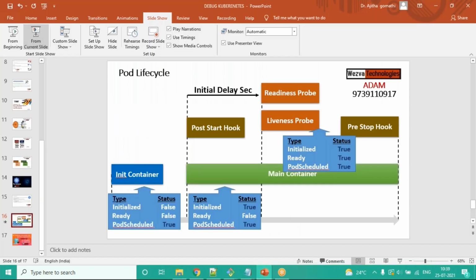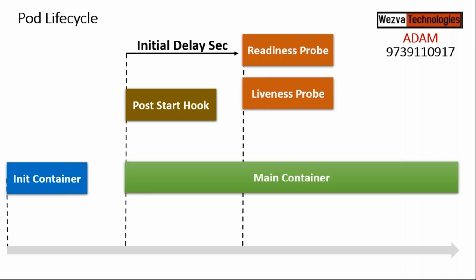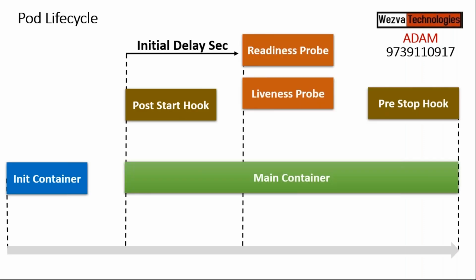All right, so that's how the life cycle happens. Just like how you create a pod, there are conditions. The same way, when you try to stop or delete your pod, the container doesn't get deleted right away. First, it will try to run the pre-stop, and here it will make sure that if you have a graceful shutdown, that will run, and only after that the main container will go ahead and get deleted.